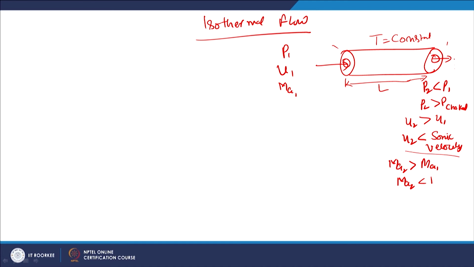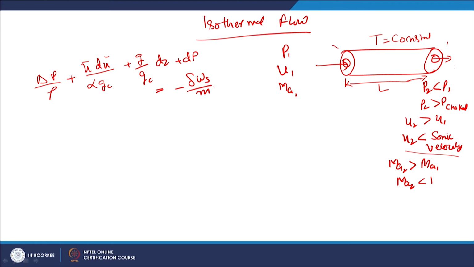So we may write the mechanical energy balance equation, that is delta P/rho plus ū dū/α gc plus g/gc dz plus df is equal to 0. Now we may take the following assumption for this particular case, that is g/gc dz is almost equal to 0.